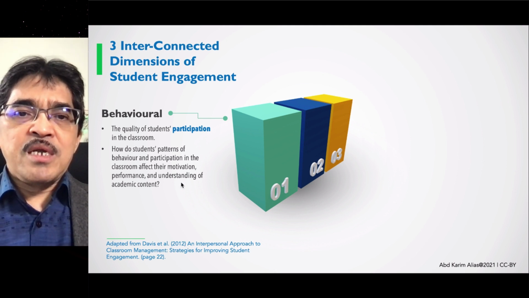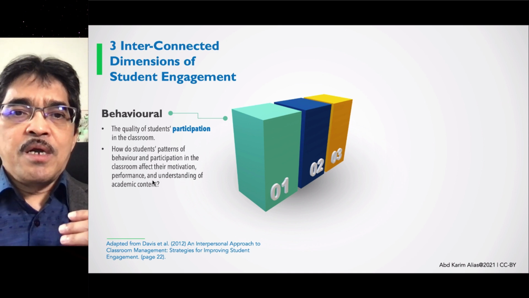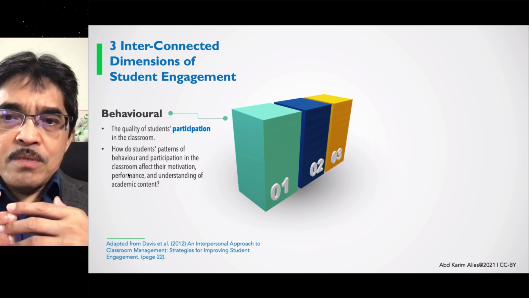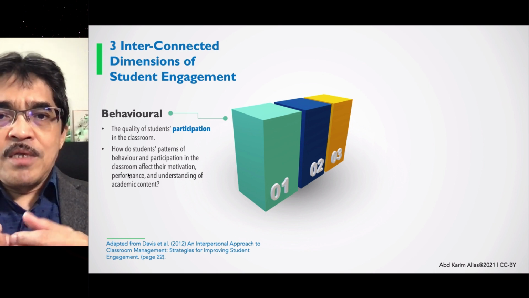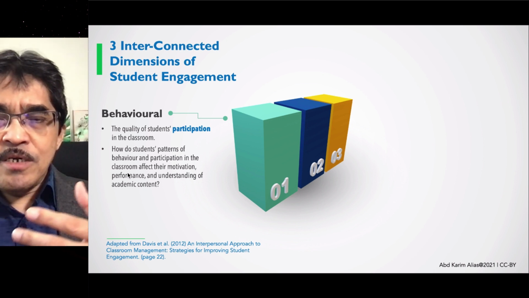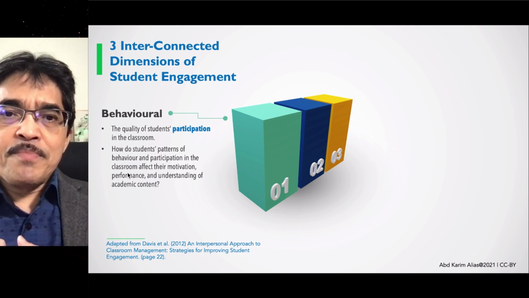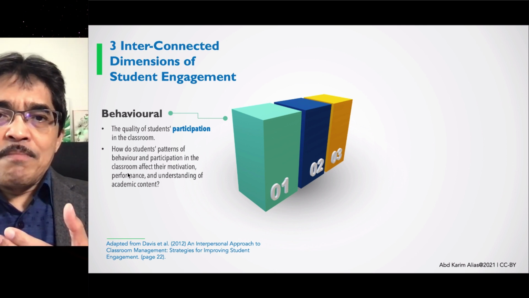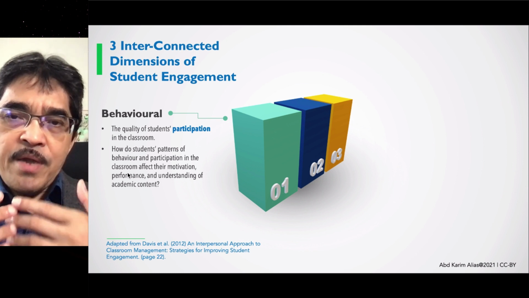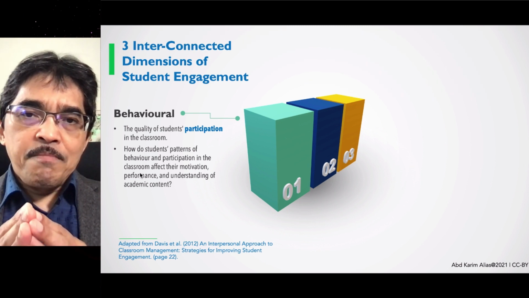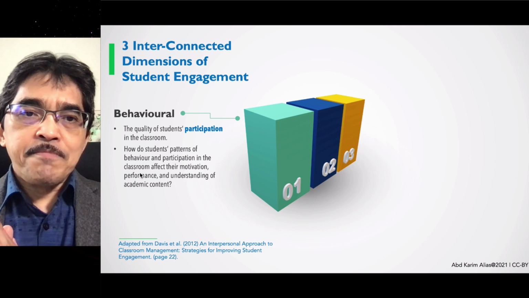So here we are looking at if they are behaviorally engaged, this could mean that they have motivation, they have the desire to be part of the learning community or the group. So they are showing positive behavioral reaction, showing that they are behaviorally engaged.